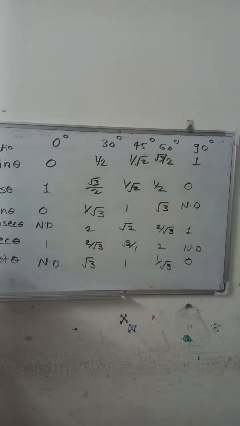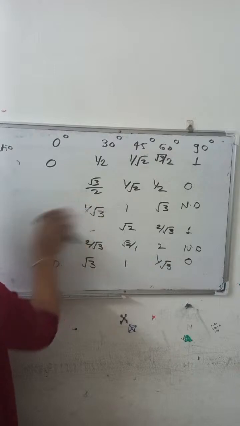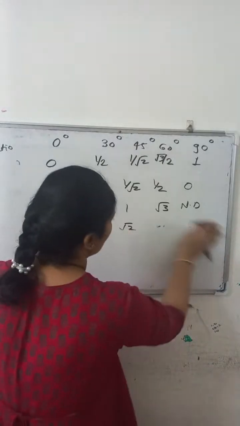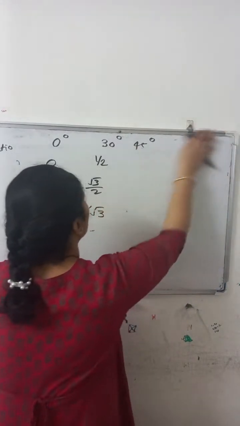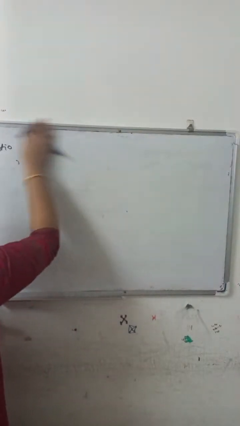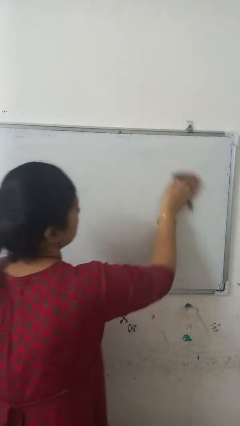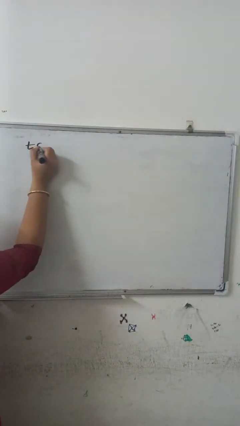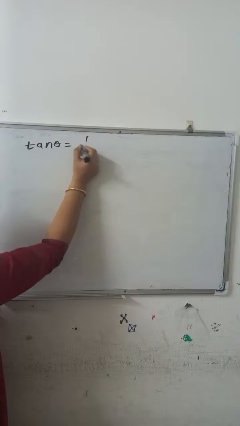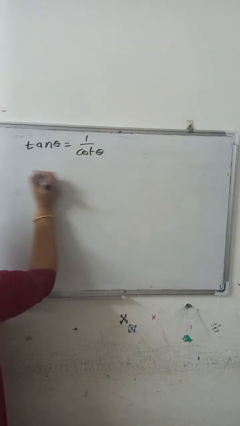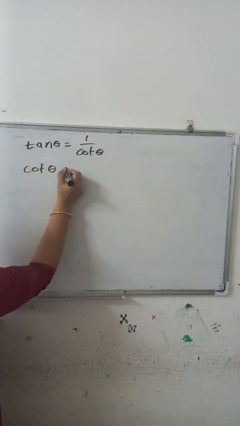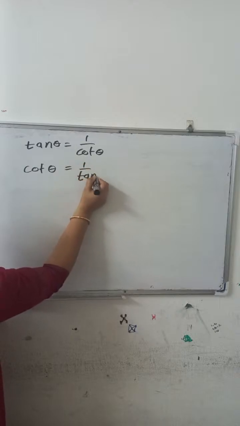Okay. So I will give some more shortcuts. I already shared, but still I will give you separate notes. All these short notes are very helpful for solving the 1 mark and 2-3 mark questions. Here, just now we did tan theta. This you can also write down. Tan theta is nothing but 1 by cot theta, or cot theta is nothing but 1 by tan theta.